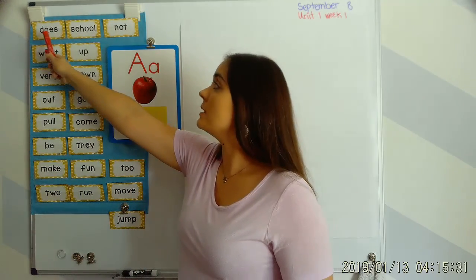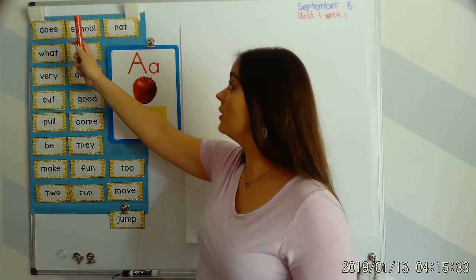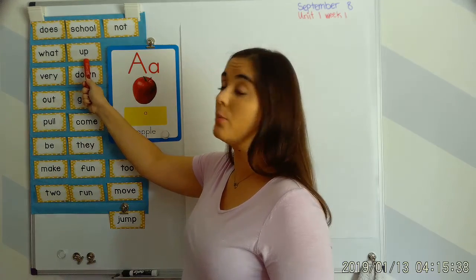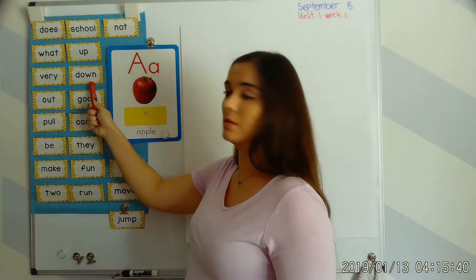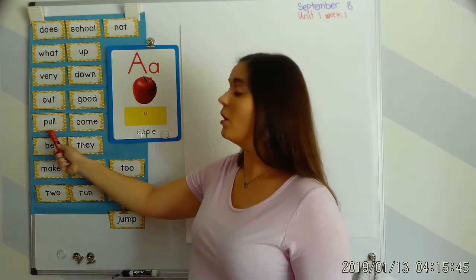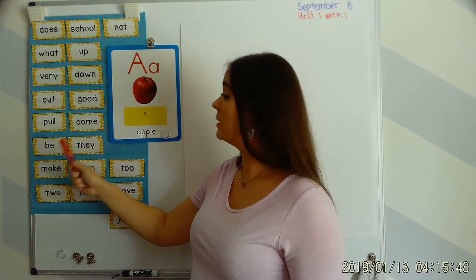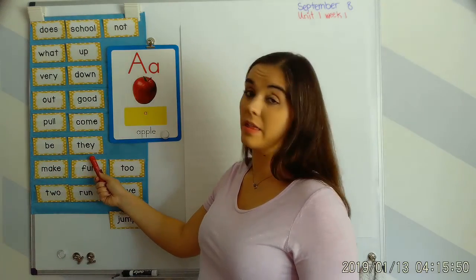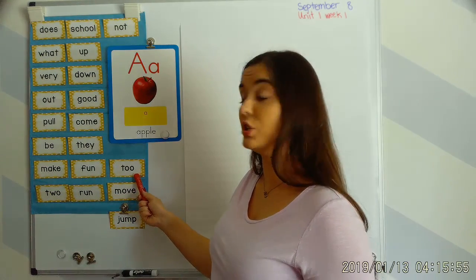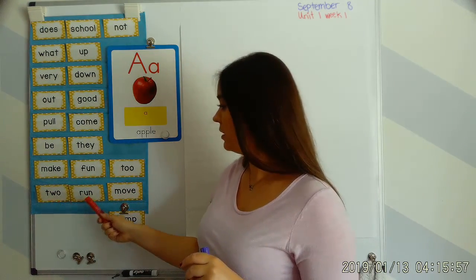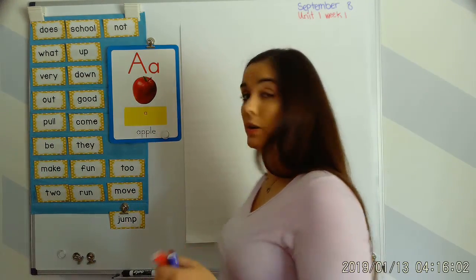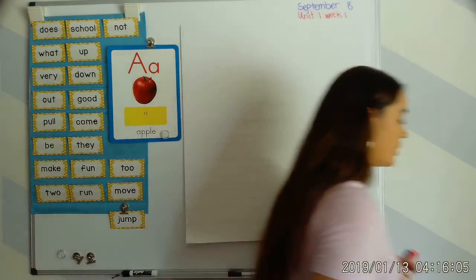All right, so does, school, not, what, up, very, down, out, good, pull, come, be, they, make, fun, to, run, move, jump. Wonderful, thank you. So let's go ahead and get to blending some short A words.